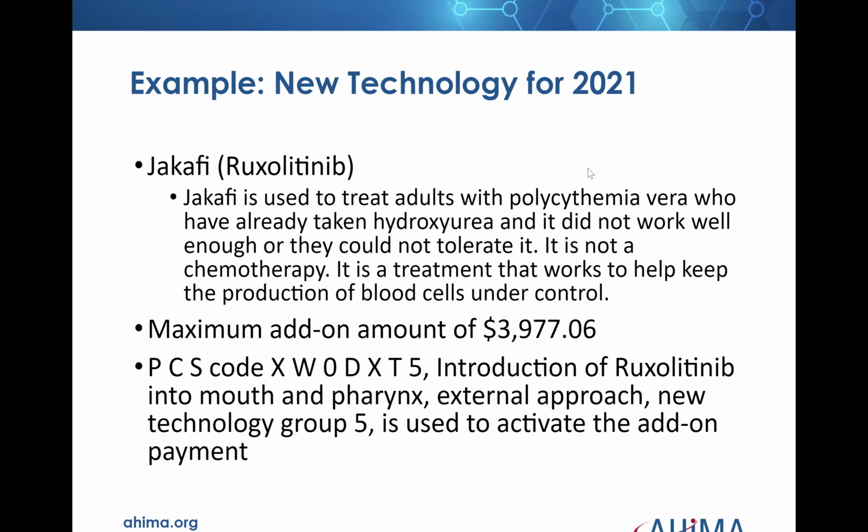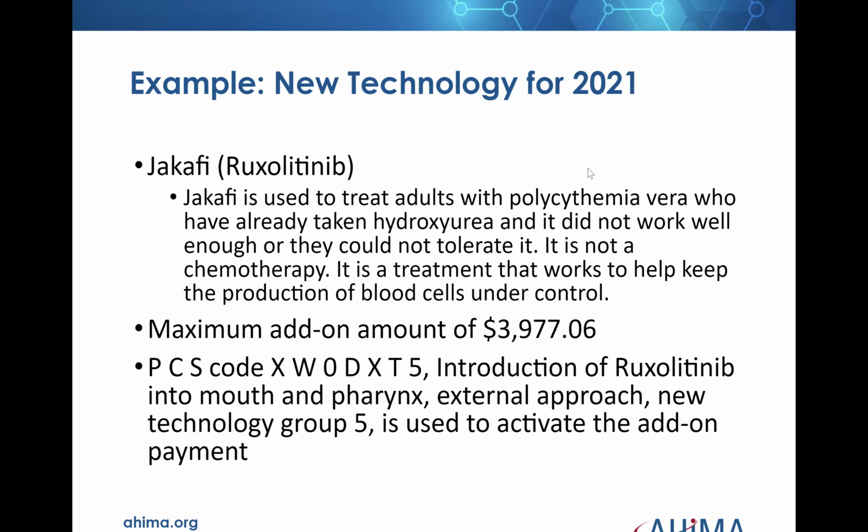And here's an example. Jakafi, which I won't attempt to say its real name, is used to treat adults with polycythemia vera who have already taken hydroxyurea and it didn't work well enough or they couldn't tolerate it. It's a medication that's used to keep the production of blood cells under control. They have a maximum approved payment of $3,977.06.